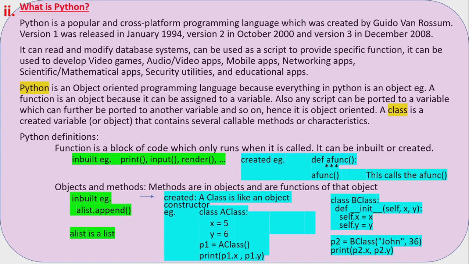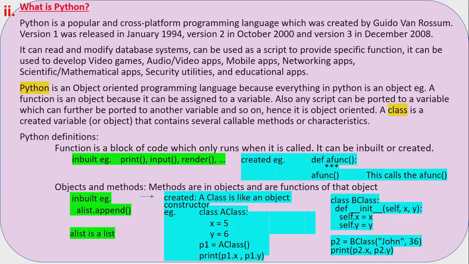So now we declare self.x equals x, which calls it a variable x, classified as a method of that class. The same thing goes for y. So that's the way they construct.